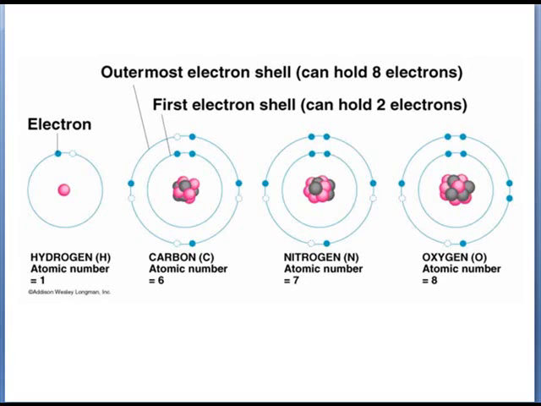And moving over to oxygen, you'll notice that once again there are 2 electrons in the core shell, and then there's a total of 6 electrons in the second shell. So if you work your way across the periodic table, you will notice that the total number of valence electrons, or outermost electrons, increases to a maximum of 8.